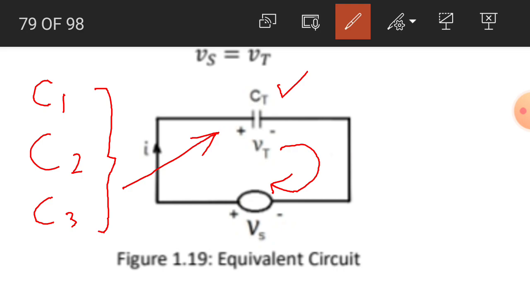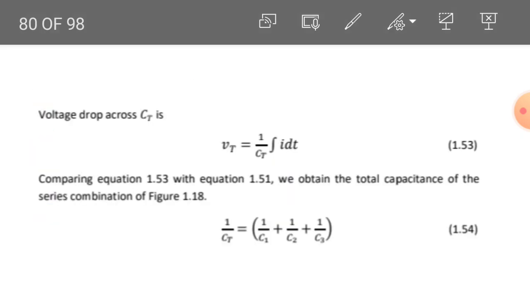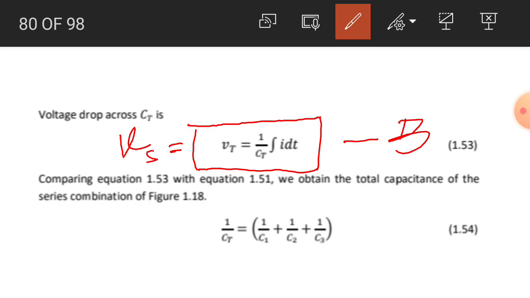So Vs will be equal to Vt, and the voltage across the capacitor will be equal to 1 over Ct into the integration of I dt, and we know that Vt is also equal to Vs. So Vs or Vt will be equal to 1 over Ct into the integration of I dt. This is equation number B.